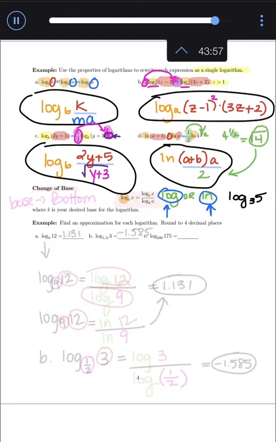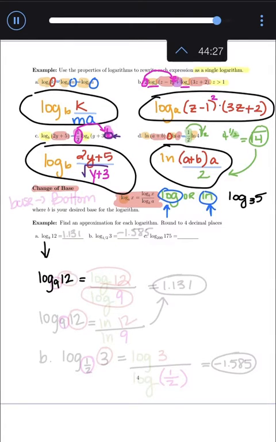I can't as is. You have to use this formula, which is called the change of base formula. This is super important, and make sure you have it memorized. What the change of base formula says, we'll use the first problem as an example here, is if you've got a log base, and we're using 9 here, it could be anything, you can rewrite this as any log you want.